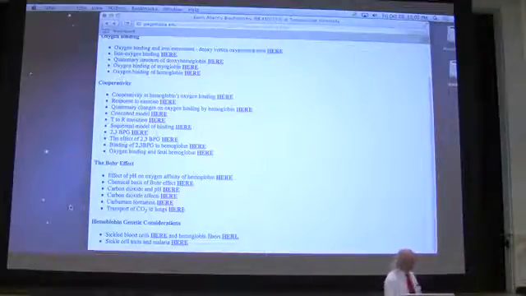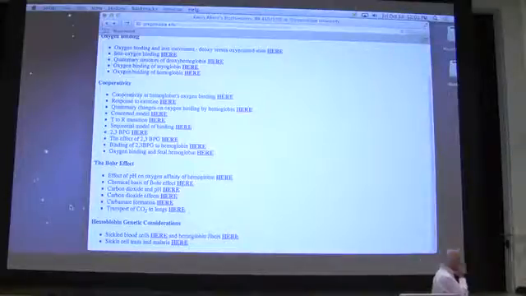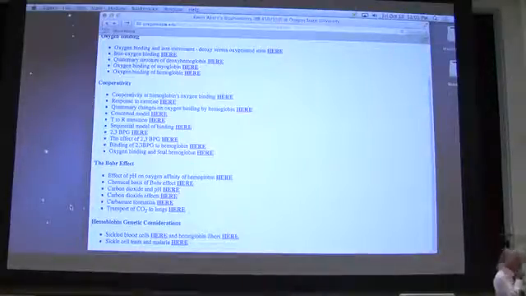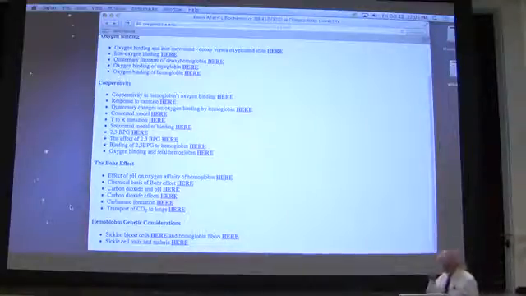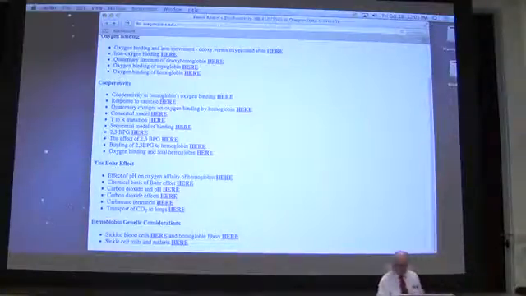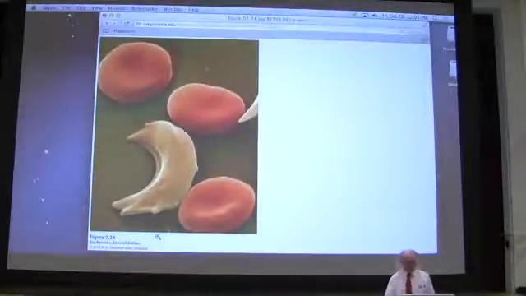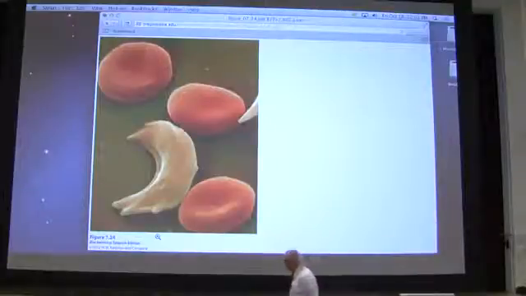Well, there's one last thing about hemoglobin that I want to mention, as if it wasn't remarkable enough as it was. And that actually relates to sickle cell anemia. Sickle cell anemia is a genetic disorder that can actually arise in a variety of ways.